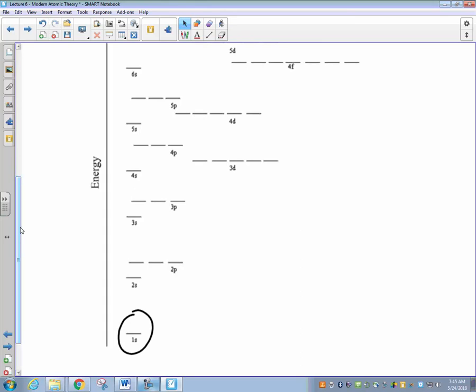And the s, as we discussed in the previous part of this lecture, refers to the shape of that orbital, which for an s orbital is spherical. So the lowest potential energy position an electron can occupy within an atom is in the first energy shell, closest to the nucleus, in a spherically shaped orbital.